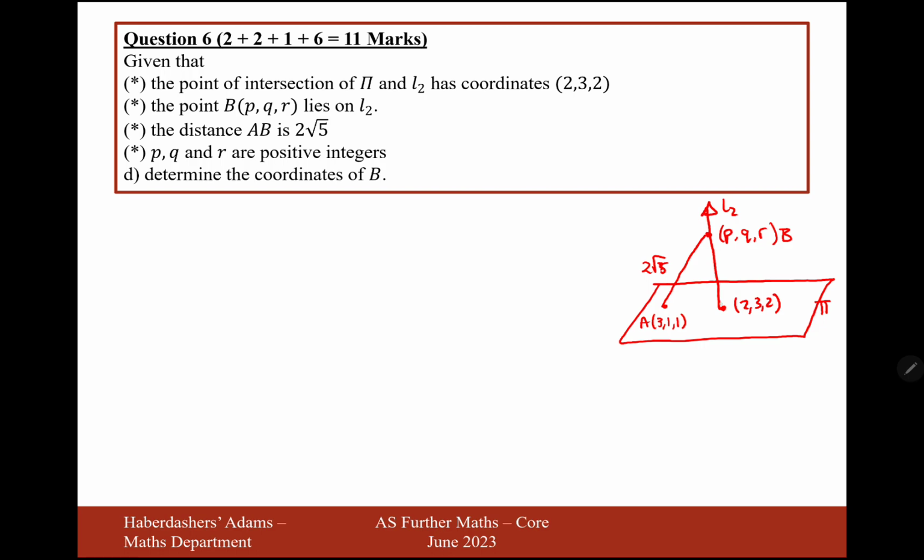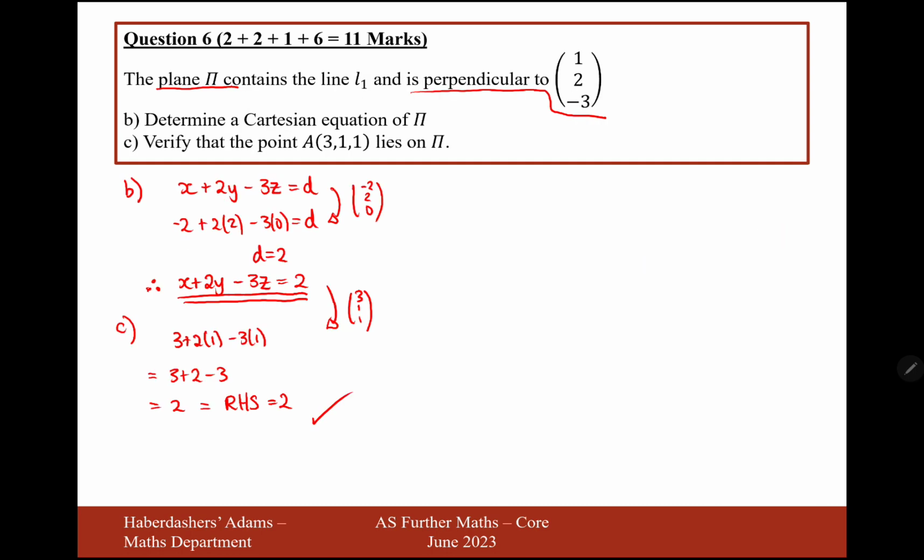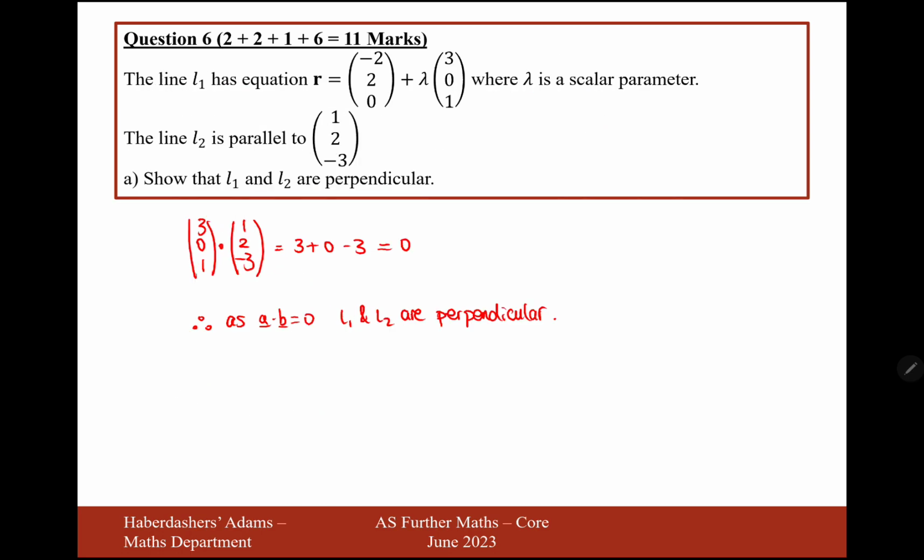Okay, so what I'm going to do is create a coordinate for B using some information I know about the line L2. The line L2 starts at coordinate (2, 3, 2) and goes off in the direction of (1, 2, -3). I know it's (1, 2, -3) because L2 is parallel to (1, 2, -3).